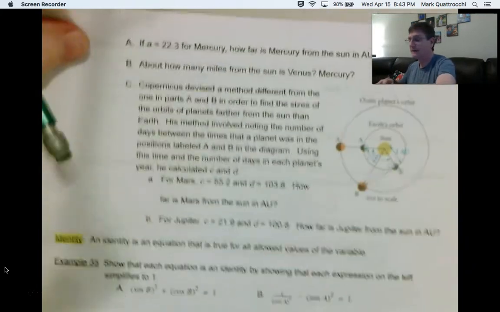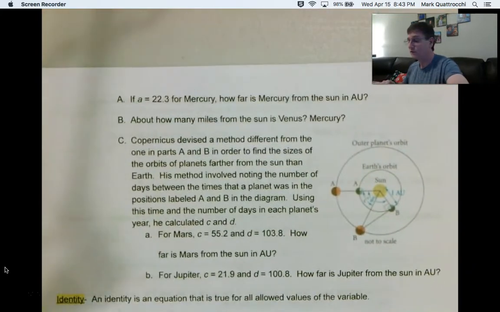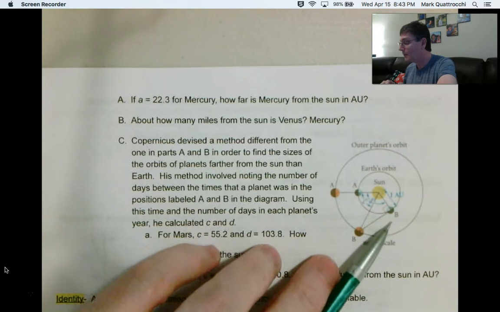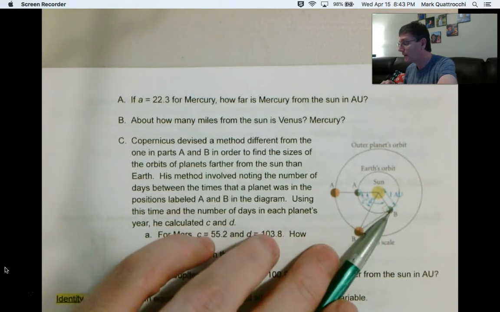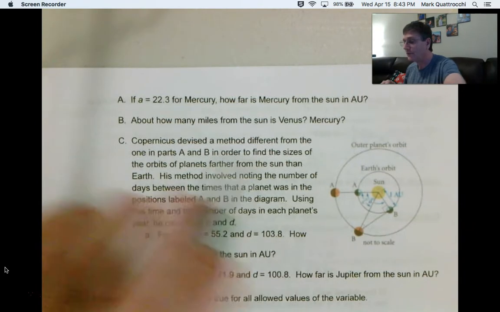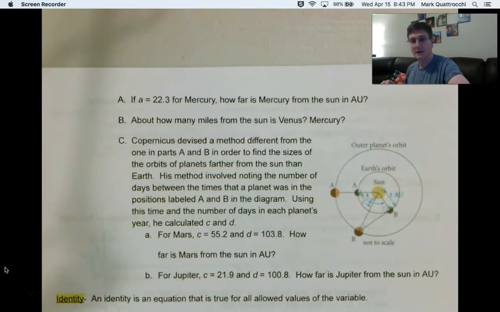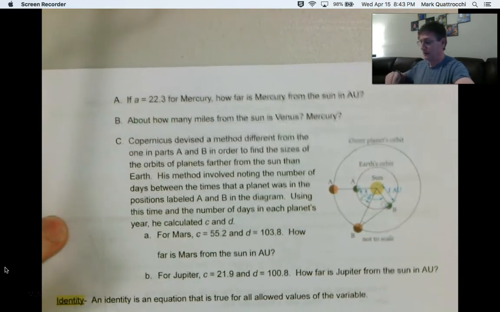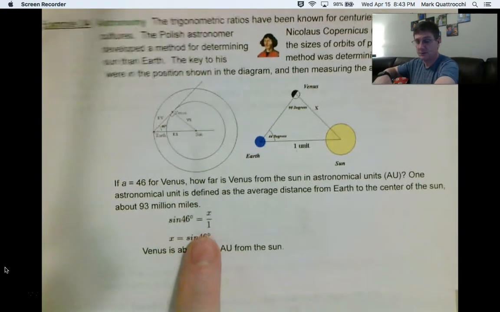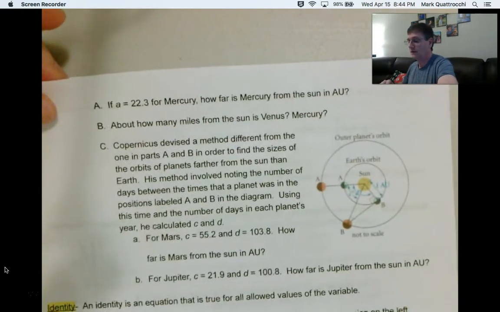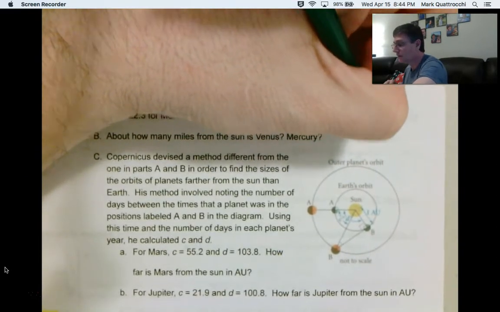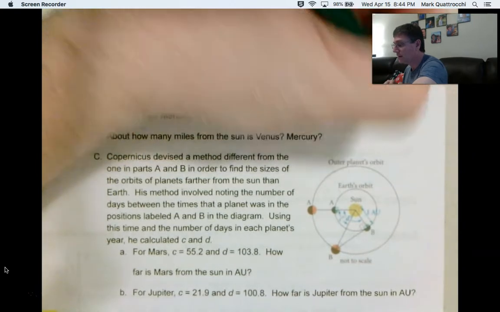So with that in mind, if A is 22.3 degrees from Mercury, so Mercury is here, B, and this angle here, 22.3 degrees, how far is Mercury to the Sun? Just like we did here, where we had sine of 46 equals x, now it's sine of 22.3 equals x.